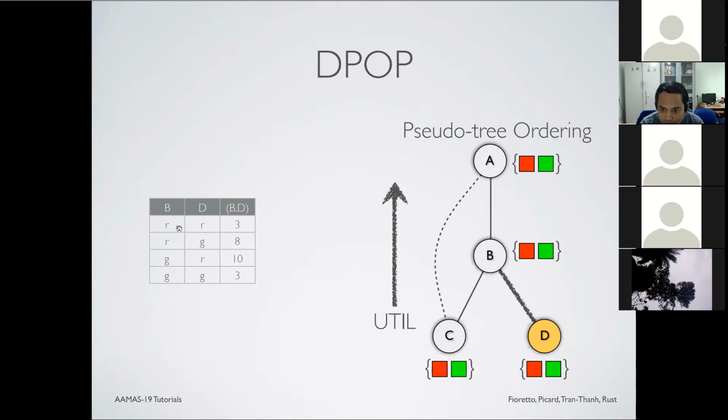So for this combination, B as red and D as red, the minimum we can get is only 3. This is one option to get the minimum. The other option to get the minimum is to keep B as green and D as green.